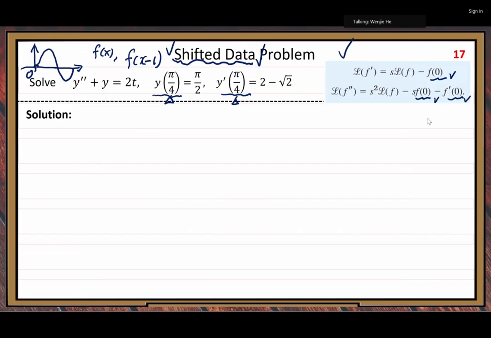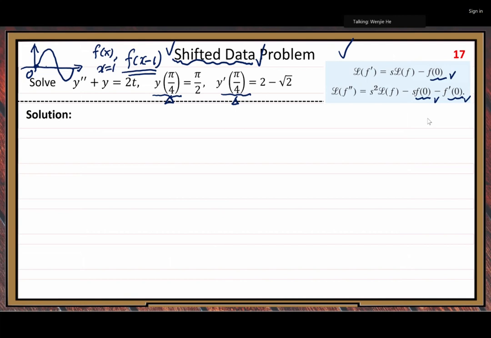All right. Now, I want to ask you how to draw a graph that is f of x minus 1. You use that reference point. So when x equals 1, it is f of 0, right? So you look at x equals 1. That's the new reference point.